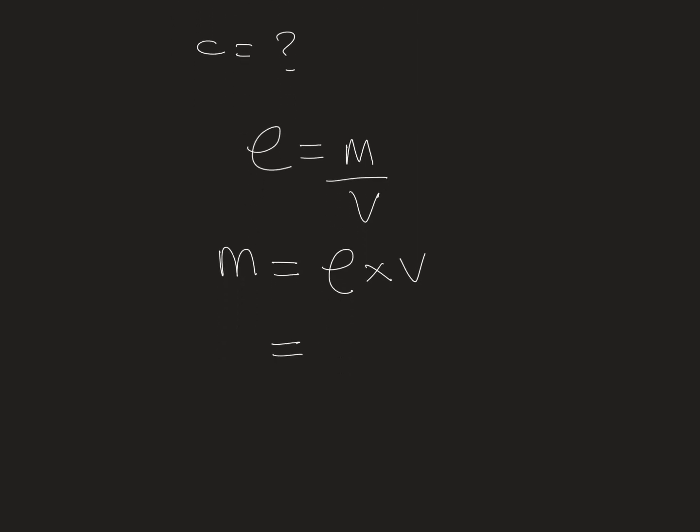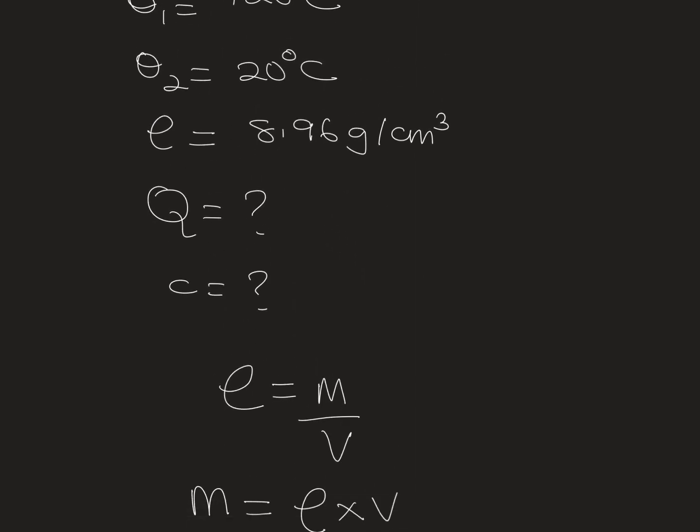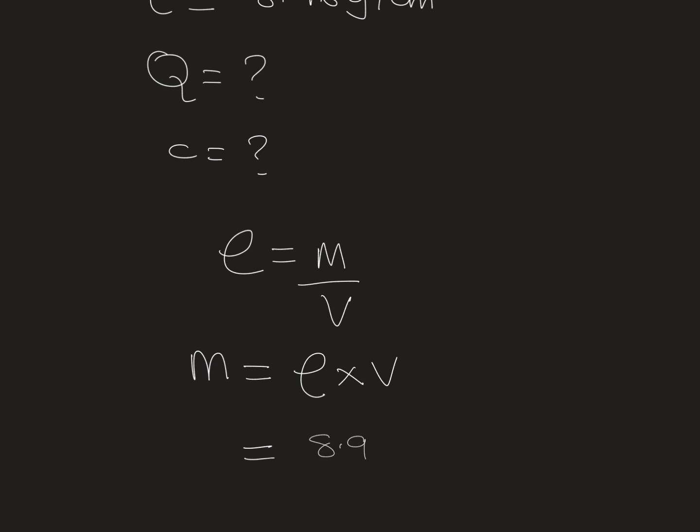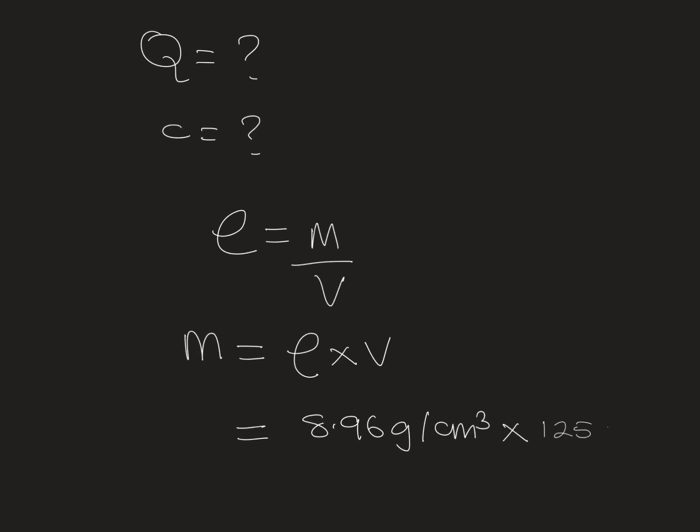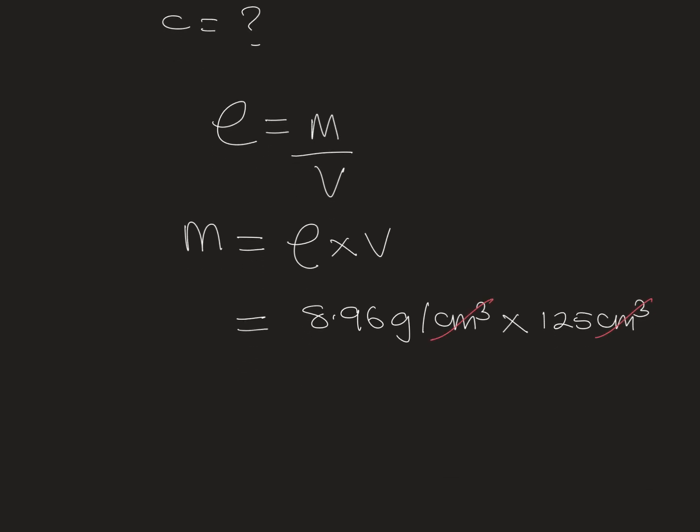The density is given as 8.96 grams per cm cube, multiplied by the volume, which is 125 centimeter cube. So centimeter cube will cancel centimeter cube. Then we will have 8.96 times 125.